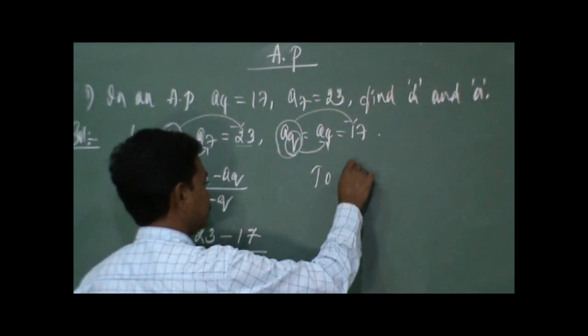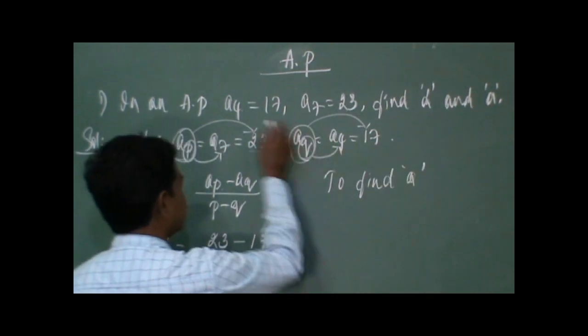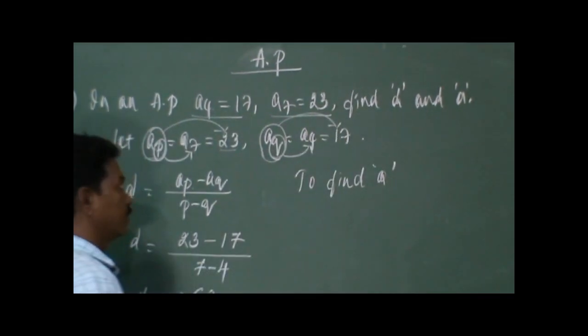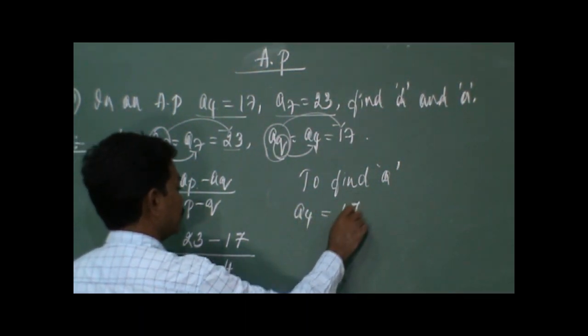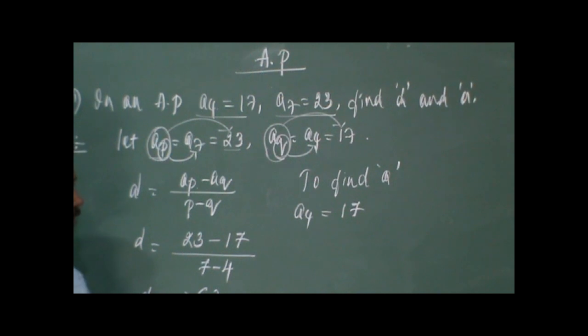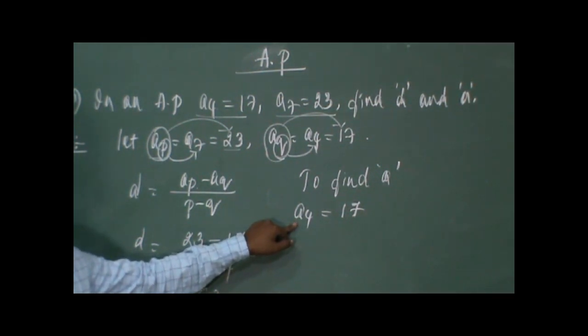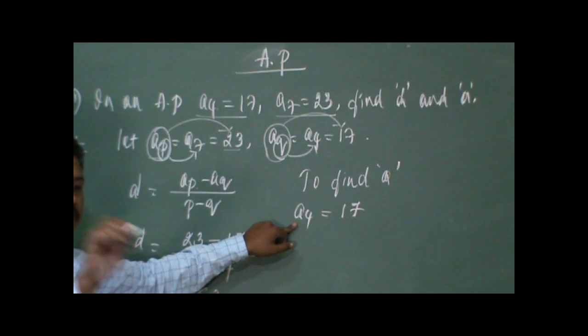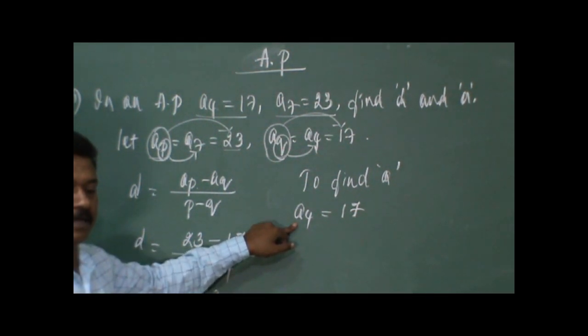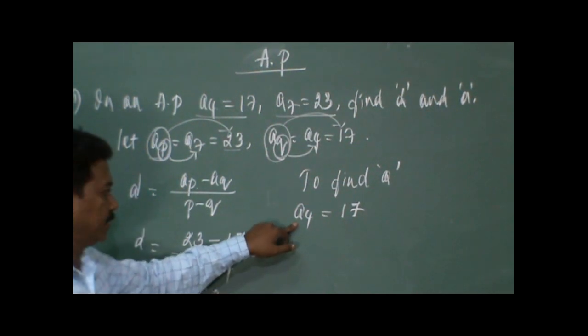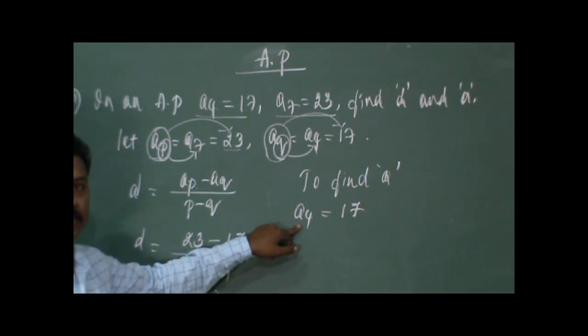I will show you how it comes. To find A, take any term, either you can take A4 or A7, whichever is easy for you. Let us take A4. A4 is equal to 17. At this step, you should be able to define the term A4. A4 is A plus 3D, 3 times the common difference added to the first term gives you the fourth term, which I have discussed in detail in my previous classes.